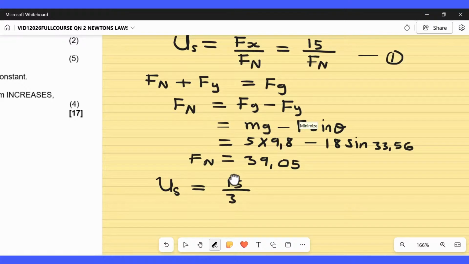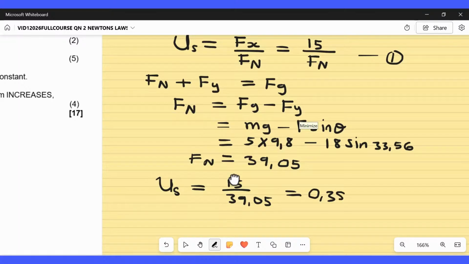Okay, let us proceed. Next question here. The angle is decreased while the magnitude of the force F remains constant. How will the friction acting on the block be affected?